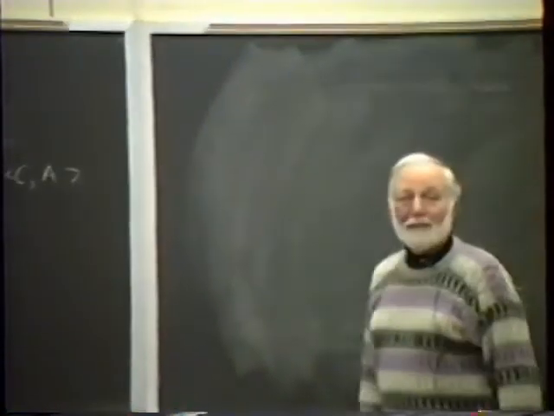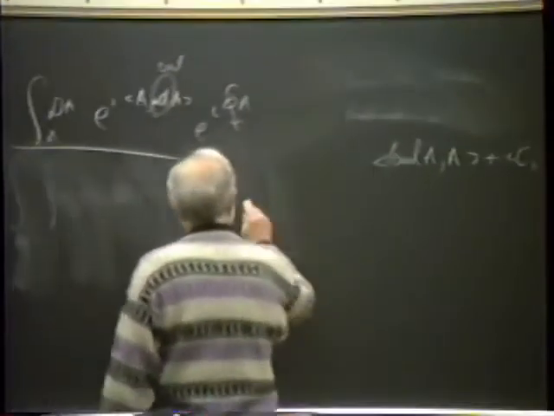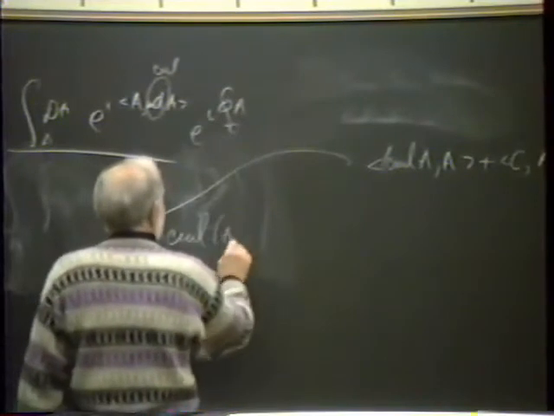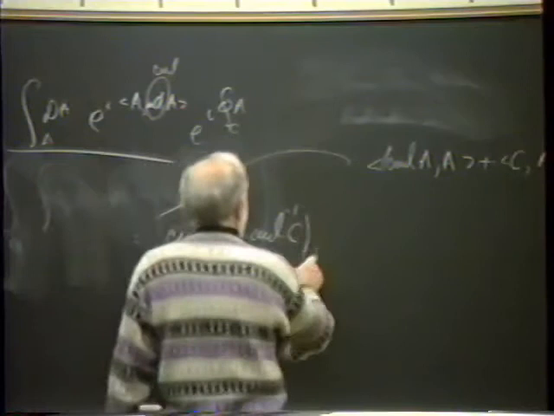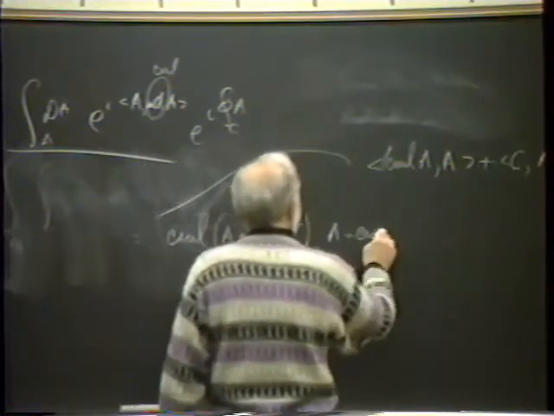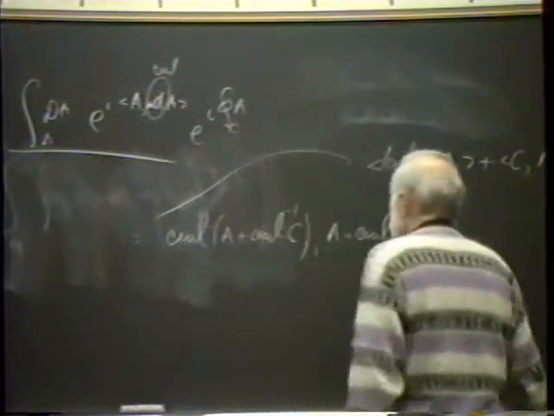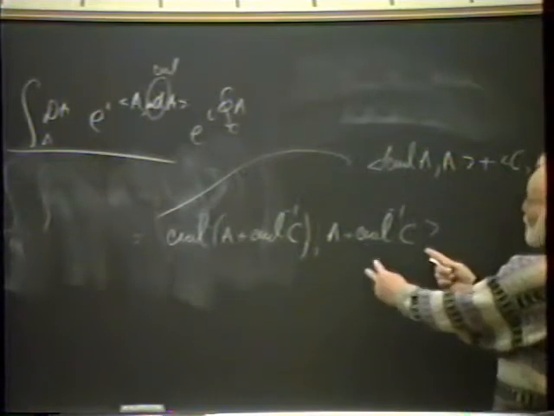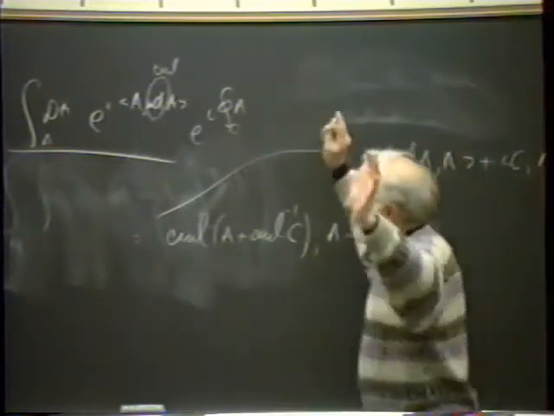Well, now I'm going to complete the square. I'm going to write this as equal to curl of A plus curl inverse of C times A plus curl inverse of C. And you'll see if I do that, I get this term. I should have had a half over everything.